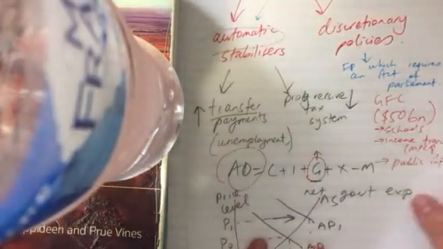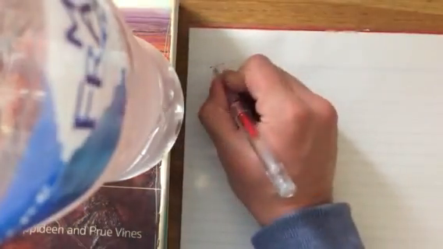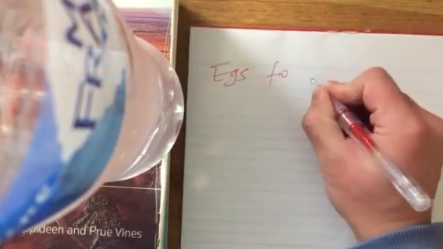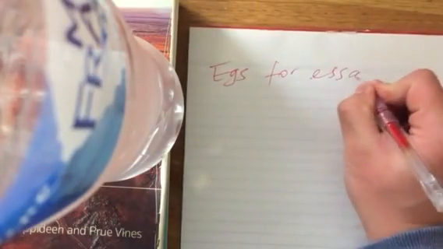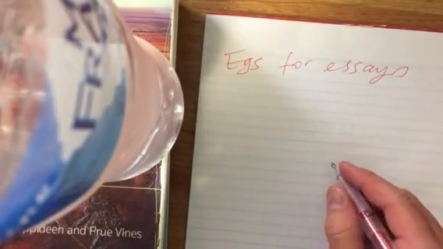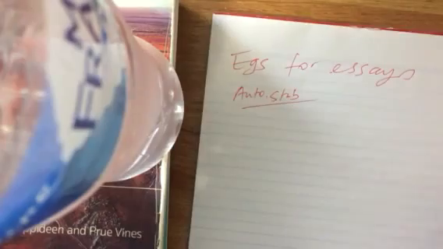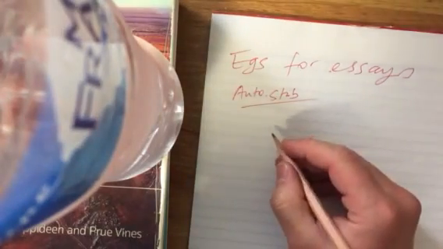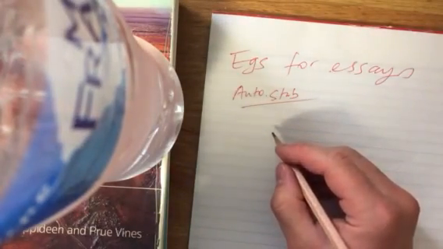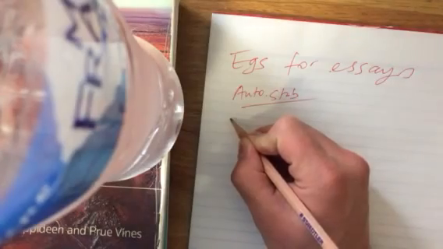Beautiful. So this is examples for essays. So this is automatic stabilizers. Income tax receipts decreased by 12%.